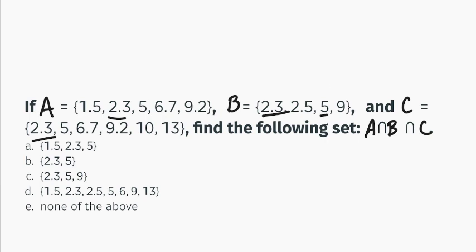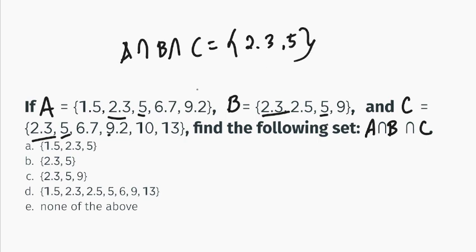So 5 is present on A, and 5 is also present on C. And 9 is not present on A, and is also not present on C, as you can see here. So the intersection of A, B, and C is actually the set containing 2.3 and 5, which is letter B.